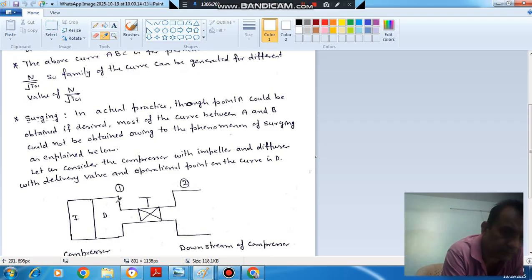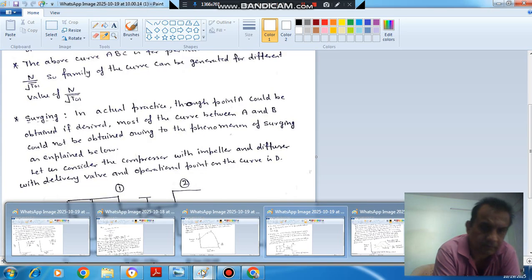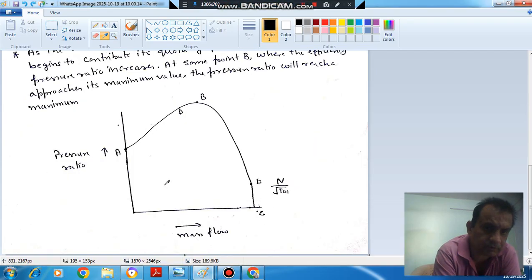So there will be less pressure at point 1 and high pressure at point 2, so reversal of flow can occur. If reversal of flow is occurring, then this can lead to point A or shutdown of the compressor.